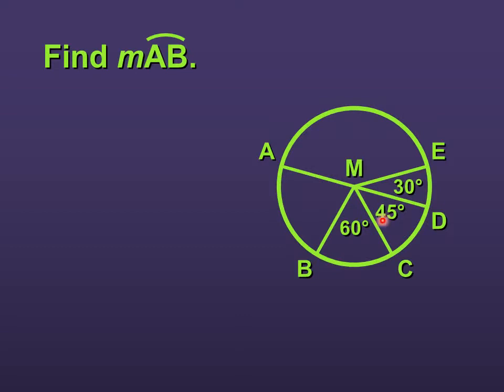So 45 plus 60 plus the measure of arc AB has to be 180. So 60 plus 45, that's 105. 180 minus 105 is 75. So the measure of arc AB would be 75.